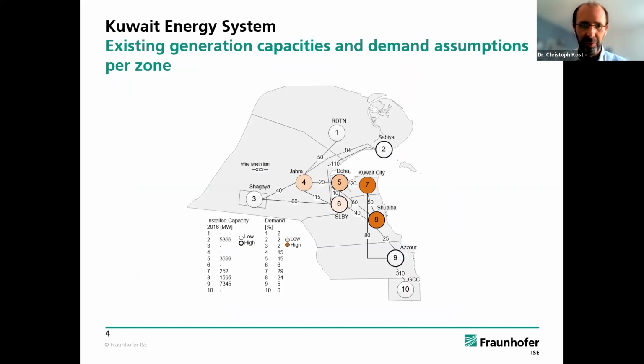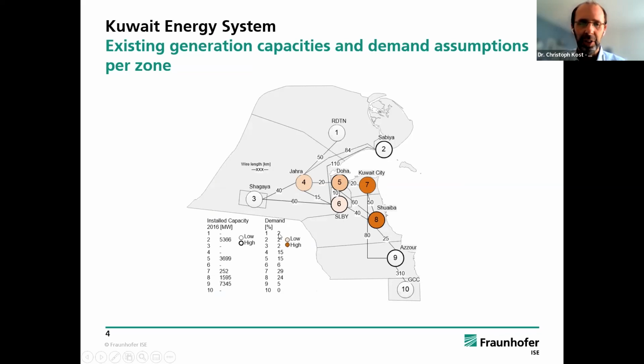Here is a picture of the Kuwaiti power system. We simplified the electricity demand into different nodes. You see, for example, that Shagaya is located here, and here you have Kuwait City and so on. We connected the installed conventional power plants to each of the nodes, and here you see the capacities connected to these nodes.